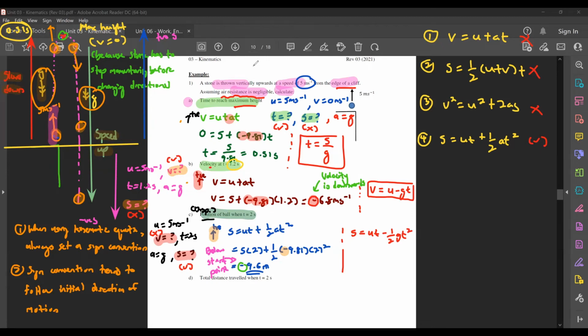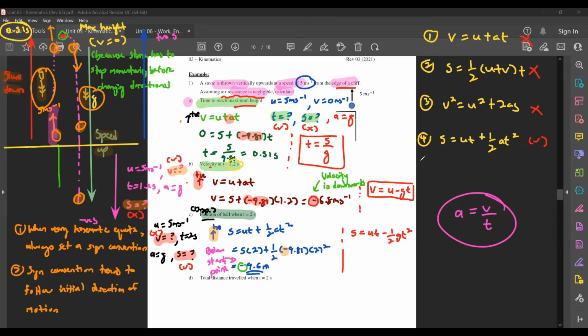Like the one where we say a is equal to v divided by t, right? Yes. Oh, okay. That's another problem with physics. I don't know when to use what, you know.